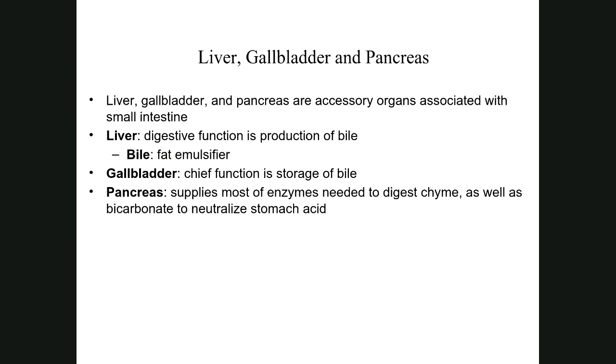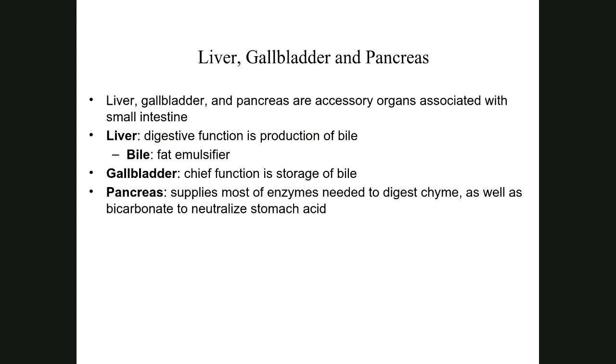It's the fat emulsifier. Gallbladder's principal function is to store this fat emulsifier. Pancreas supplies most of the enzymes needed to digest the chyme, as well as bicarbonate to neutralize the acidity of the stomach. So let's get started.